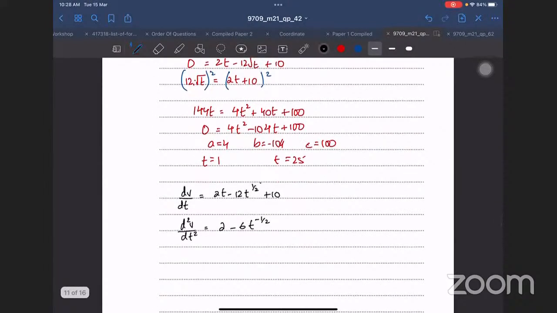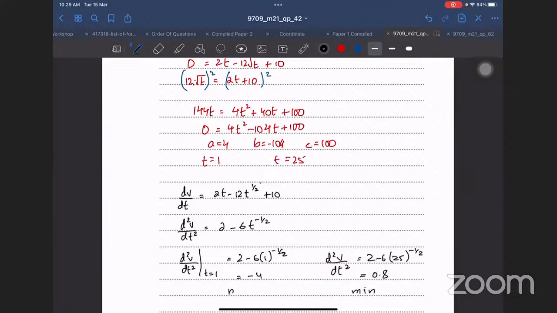I can insert the values: 2 minus 6 into 1 gives me minus 4, and 2 minus 6 into 25 power minus half, 2 minus 6 over 5, gives me 0.8. So this one is a minimum and this one is a maximum.